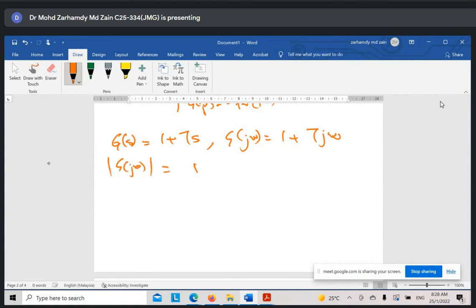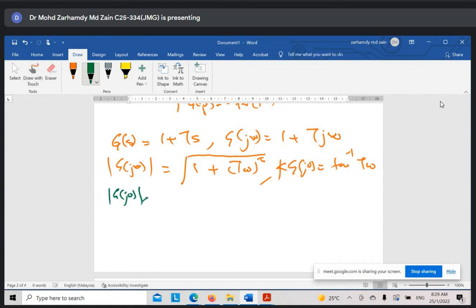We have 1 plus T j omega, and the gain is the same: square root of 1 plus T omega squared. And the phase is the same but positive, because it was 1 over 1 plus Ts before. Then for the gain of both, we need to add dB, and we need to add 20 log.